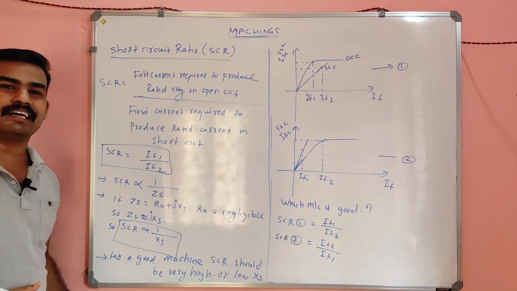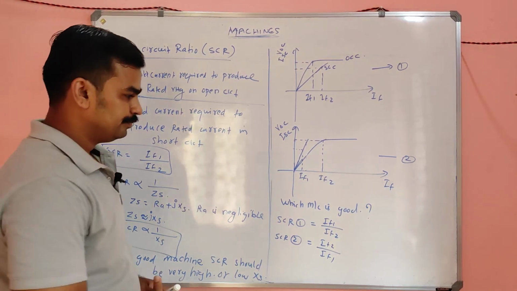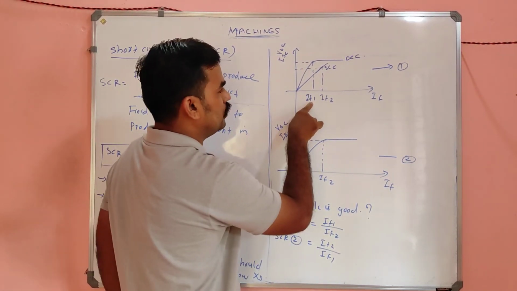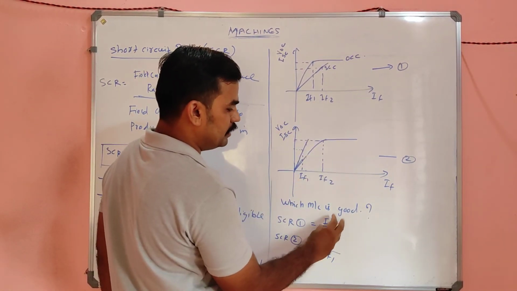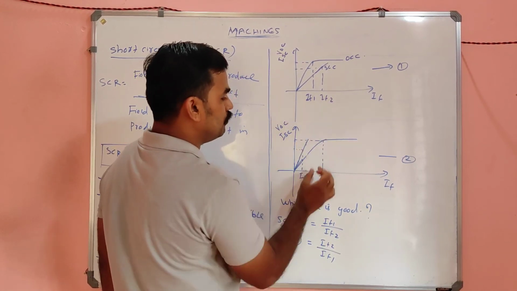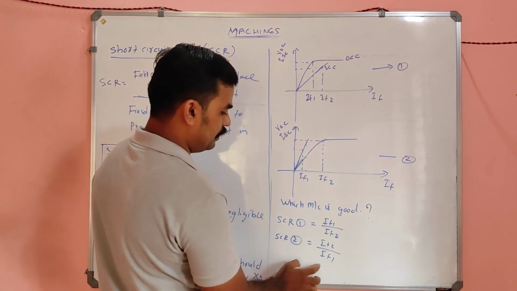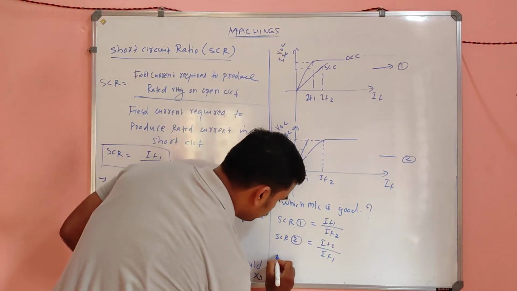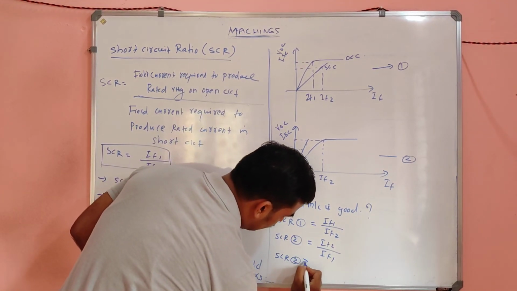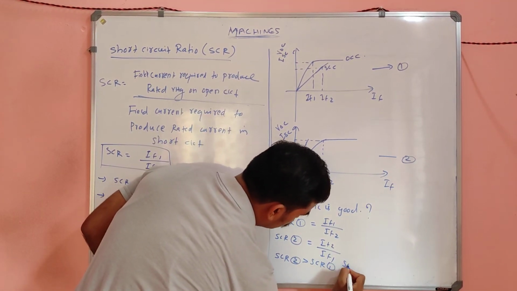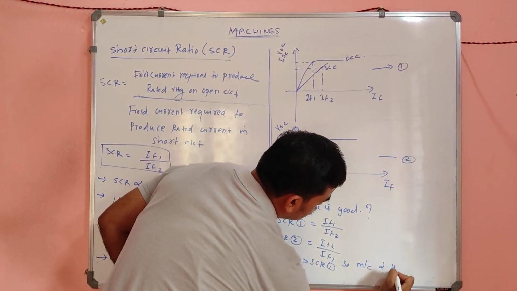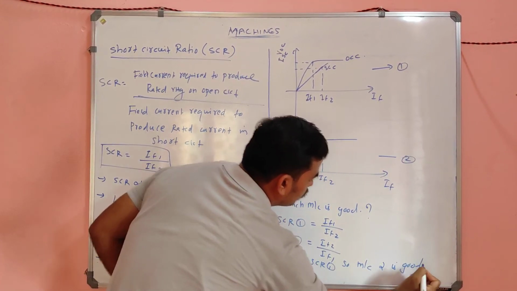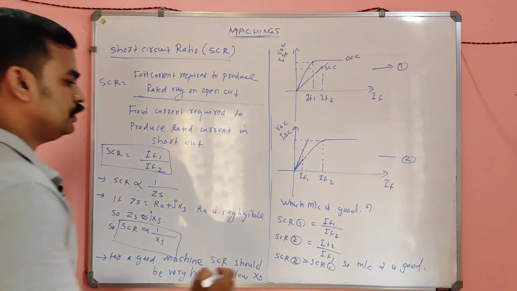Which SCR is higher? Here IF1 is lower and IF2 is higher, so definitely this will be smaller. Here IF2 will be higher and IF1 lesser, so this will be higher. So SCR2 is greater than SCR1, so machine 2 is good.